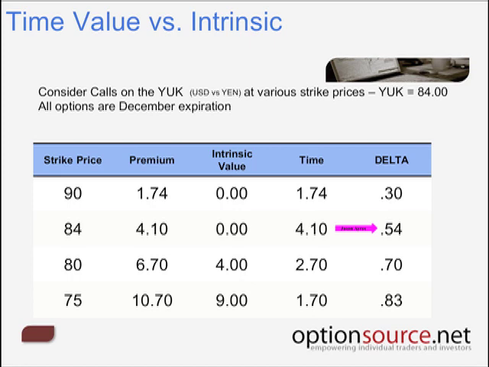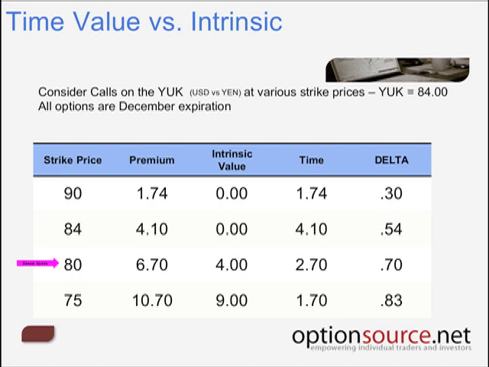So now that we're at the money, you can see that the listed delta of that particular option contract at the time was 0.54. That falls in line with the general rule of thumb that I suggested with respect to an at-the-money option contract having a delta of around 0.50, give or take, depending on what contract or security you're looking at.